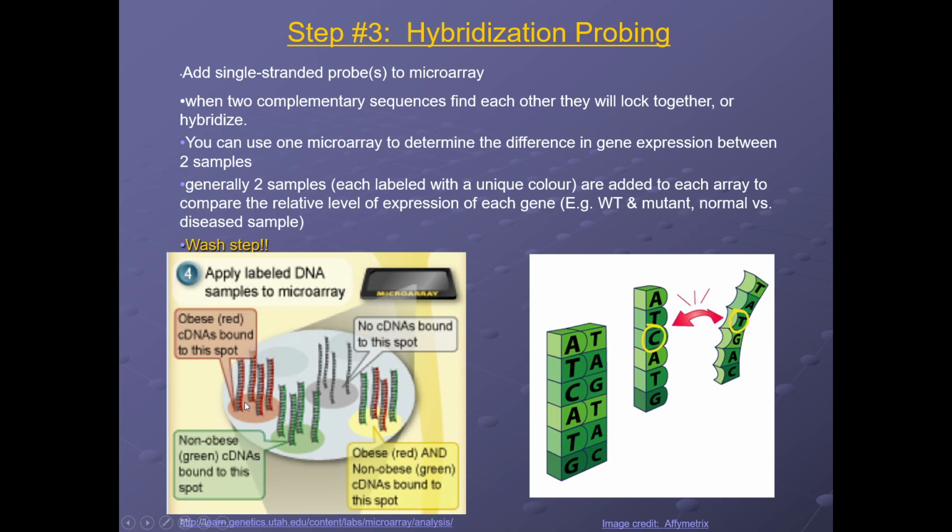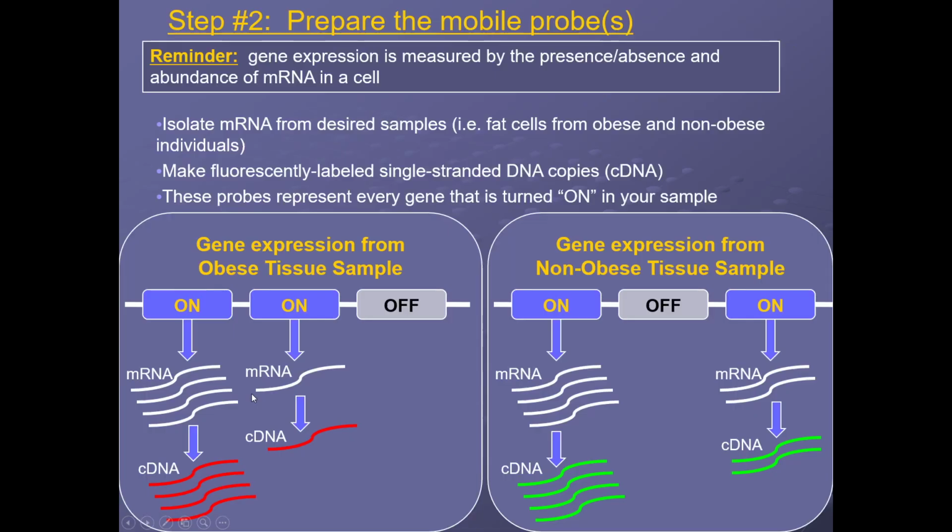So depending on which gene was active at different conditions, if you go back, for example, for gene number 1, let's say this one was gene number 1, it was only active in obese diseased phenotype. So only for obese tissue the cDNA was generated.